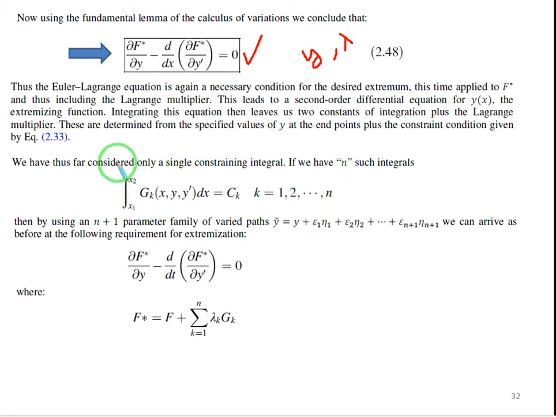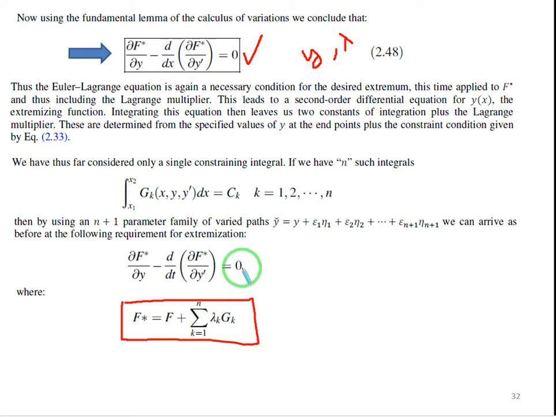In the same way, if we have n constraints, or n integral constraints, let's say the integration from x1 to x2 of gk of x, y and y dash dx is equal to ck, we define f star as follows. We can see here f star is f plus the summation over k from 1 to n of lambda k multiplied by gk.